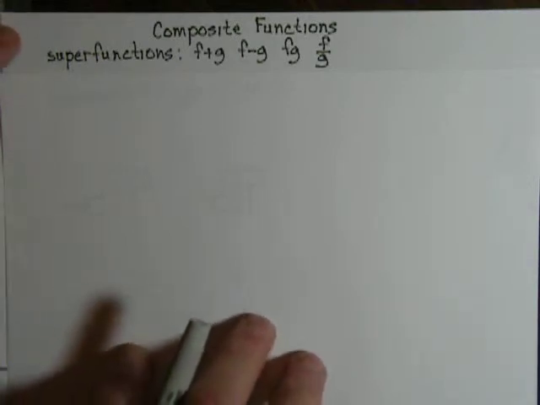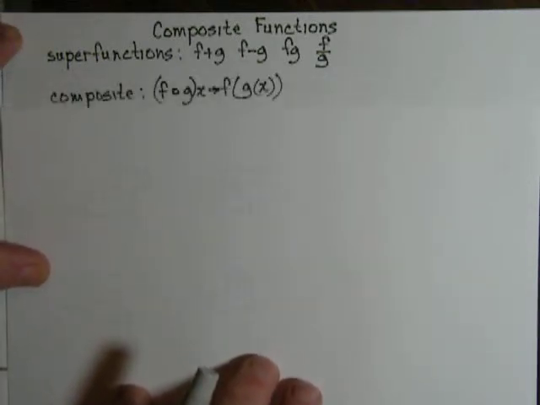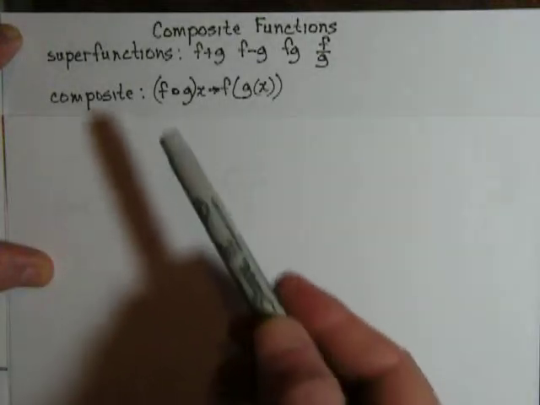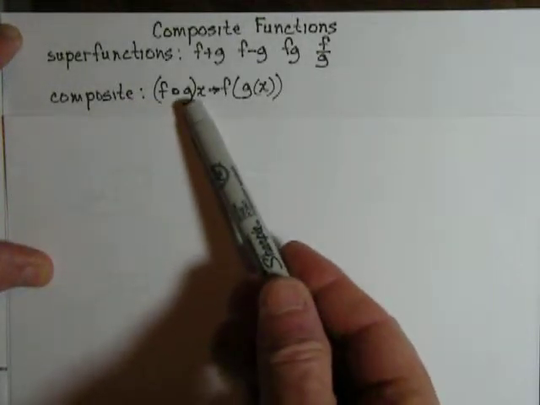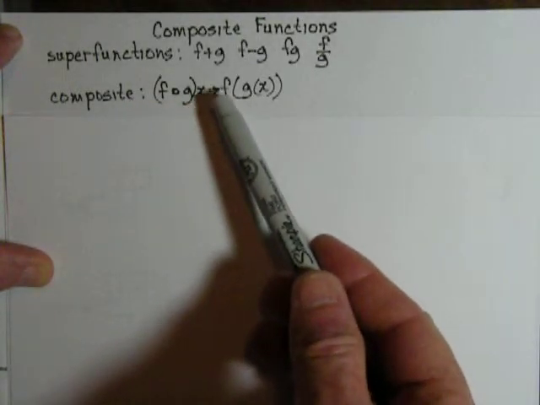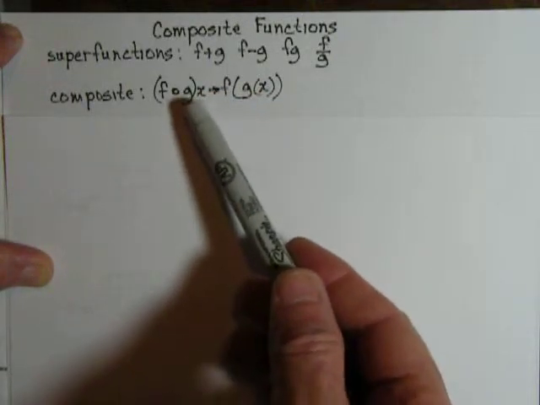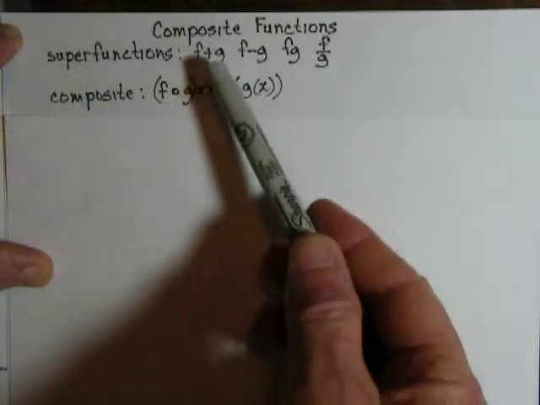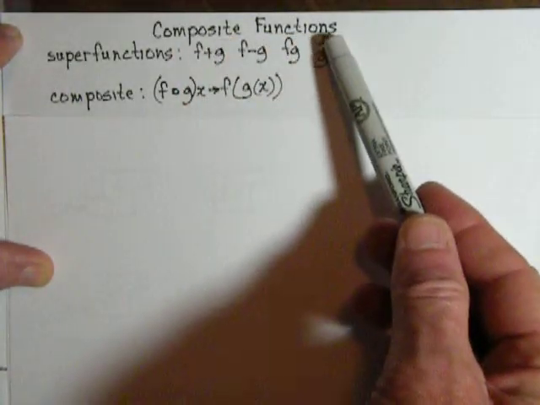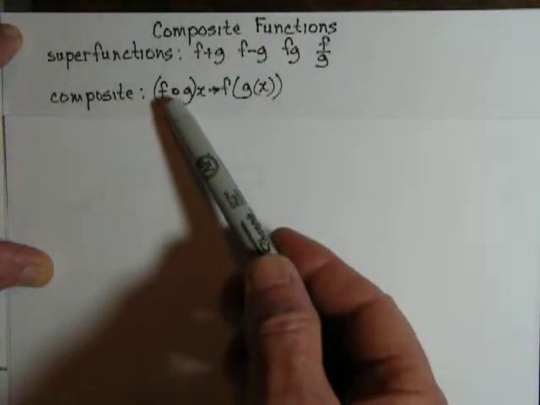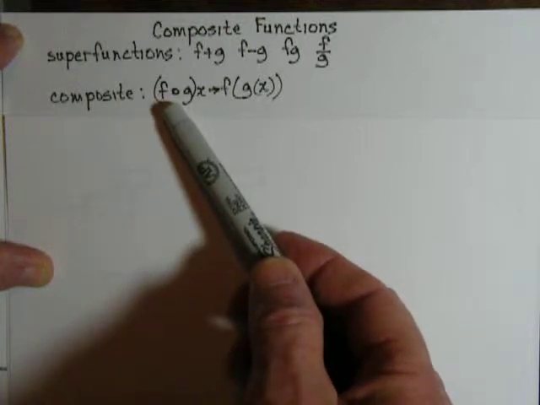The composite function is written in two ways. You'll see it written as f circle g of x, or f of g of x. And the difference between this composite function and these four superfunctions is, in this one, there is an order to it.